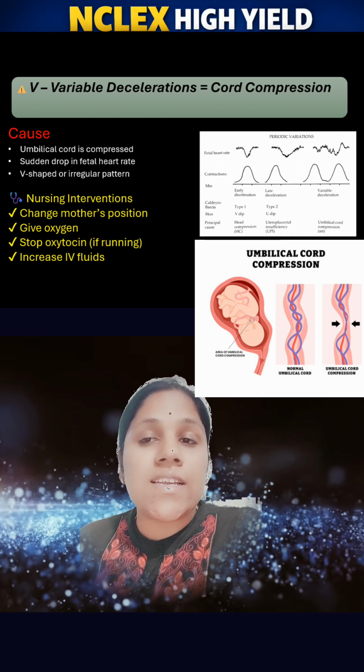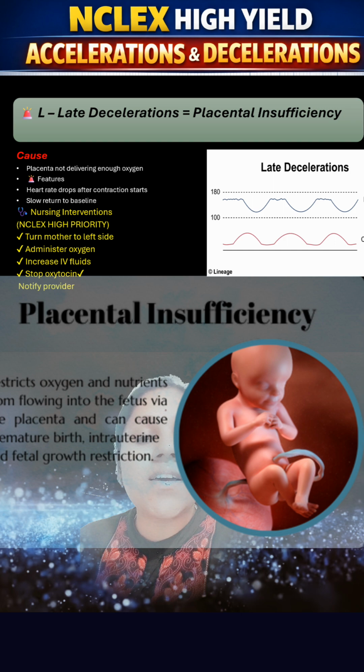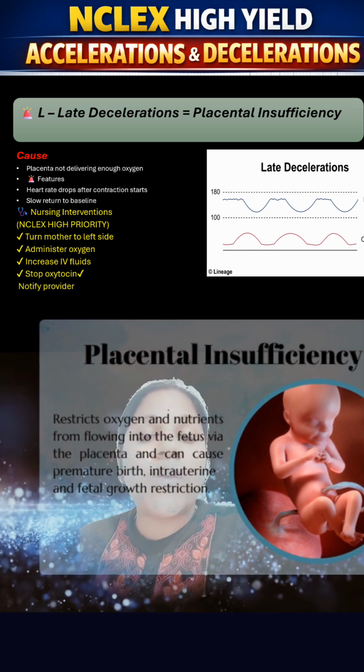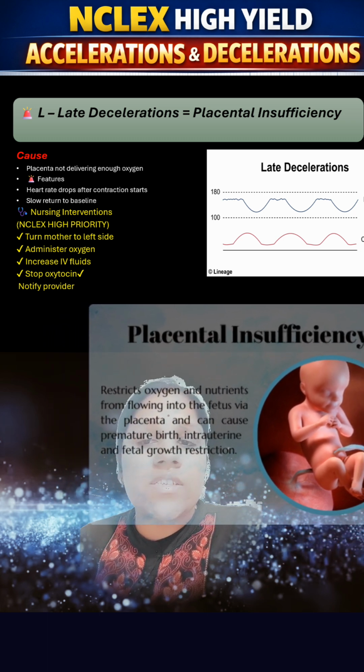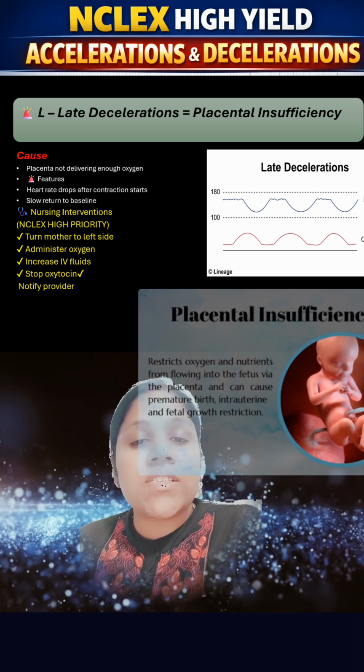And the last thing is the late deceleration, which indicates placental insufficiency. The main cause of this is that the placenta is not delivering enough oxygen to the fetus. It is featured by the heart rate dropping after the contraction and a slow return to the baseline.